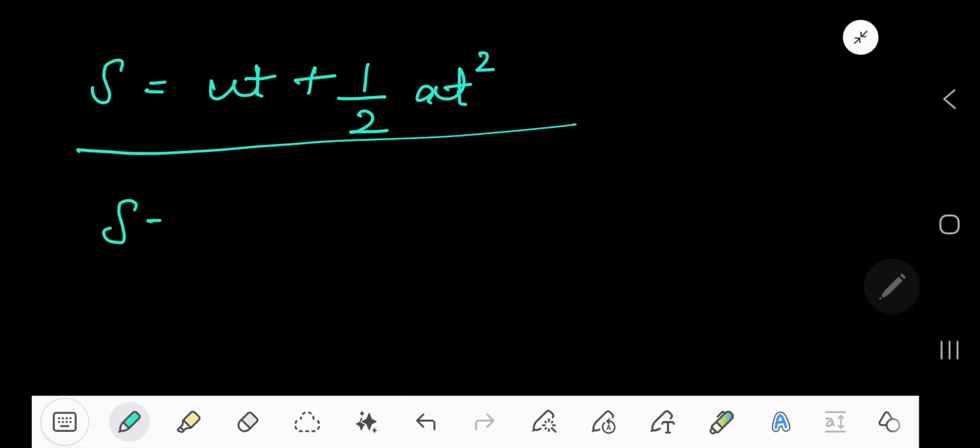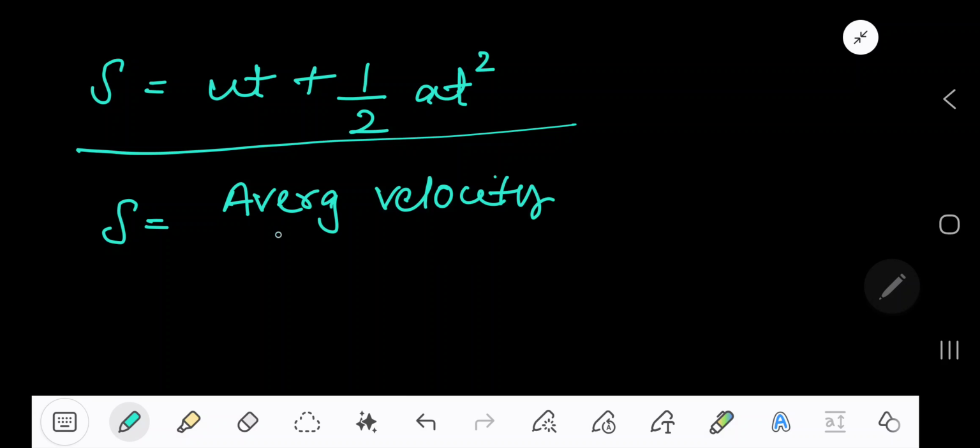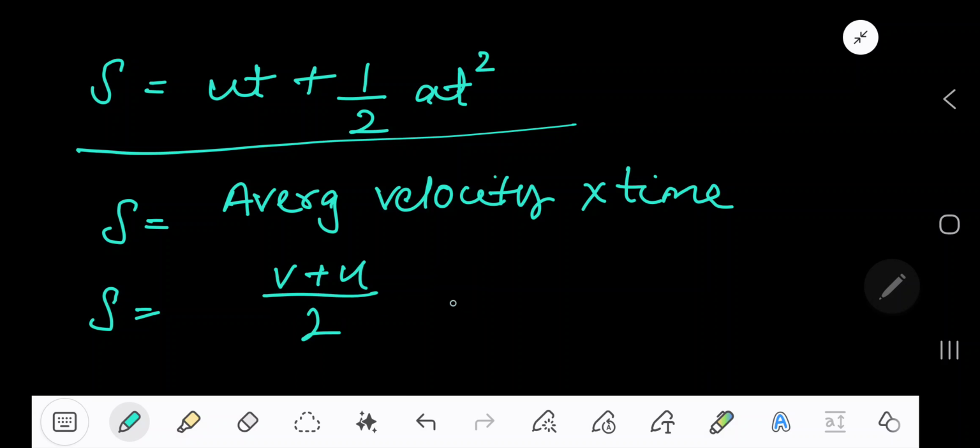We know that distance equals average velocity into time. So average velocity is just the initial velocity plus the final velocity, over 2, multiplied by time.